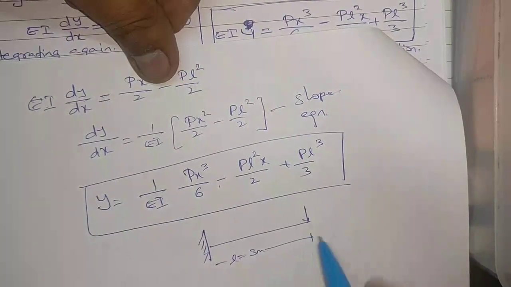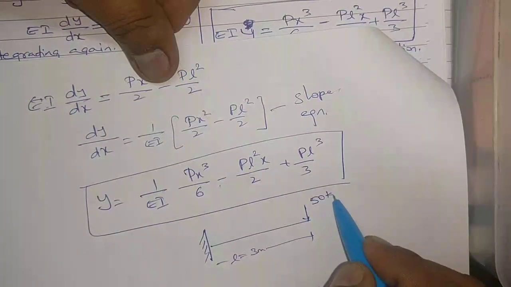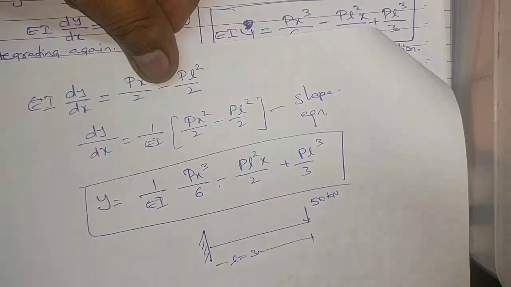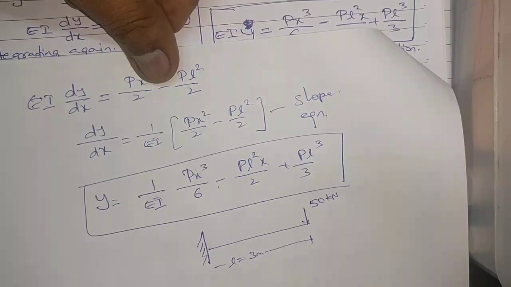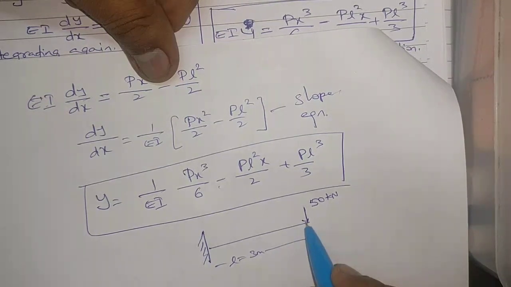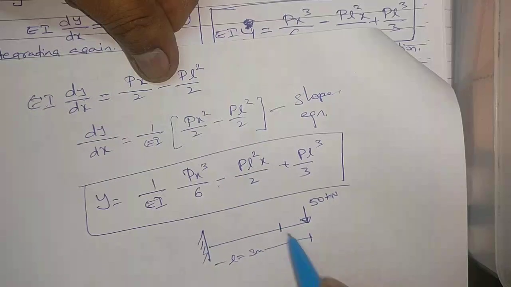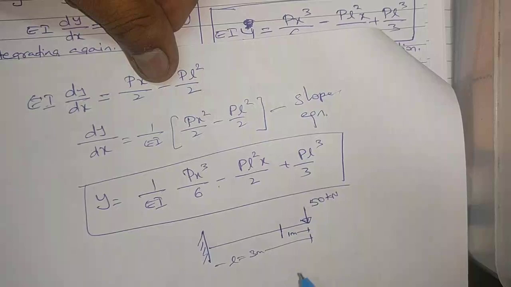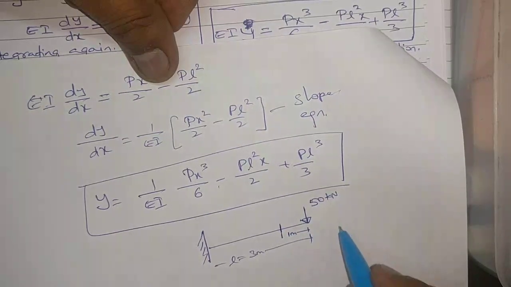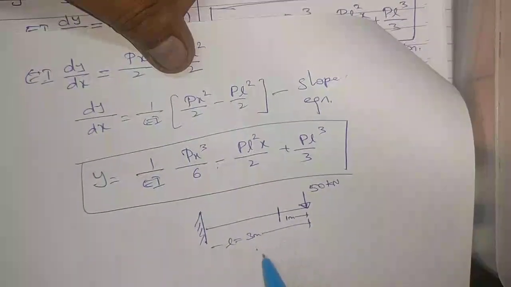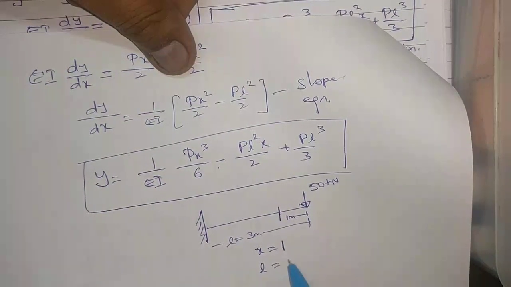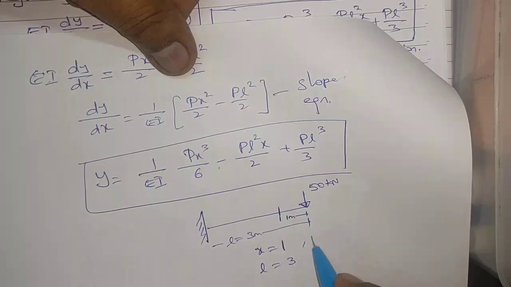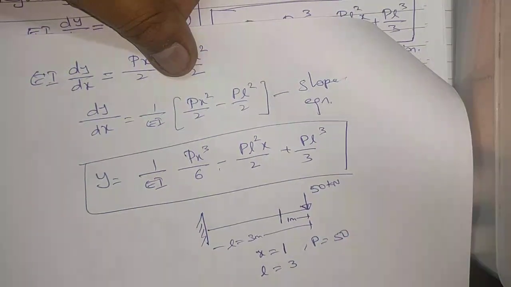3 meters and P is equal to 50 kilonewton. Now using this equation we can find deflection. For example, we need deflection at 1 meter from the free end. 1 meter from that means your x is equal to 1, L is equal to 3 and P is equal to 50.